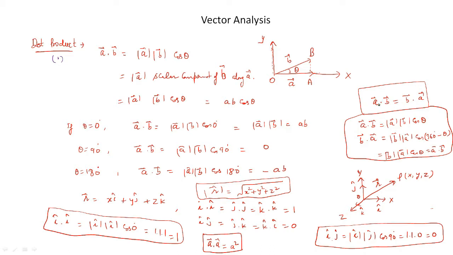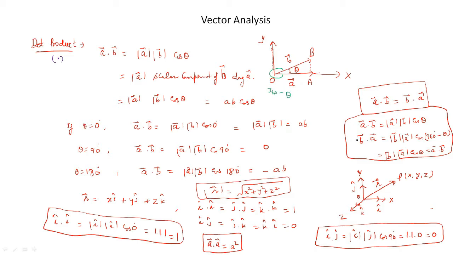Further, the dot product of the two vectors follows the commutative law. You can write A dot B is equal to B dot A. Now see here that A dot B can be written as AB cos theta. Here theta is the angle between vector A and vector B. The other angle between vector A and vector B can be 360 minus theta.